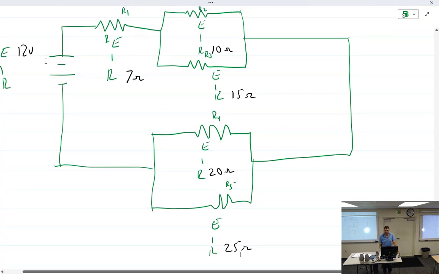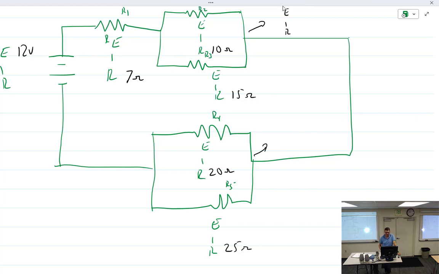So we can kind of just work it. I'm not worried about doing this. Right here, we'll just take this and put it right here. We'll put this one over here. So we'll combine these two right here. We have 10 ohms and 15. Which is how many ohms? 10 plus 15. 25?